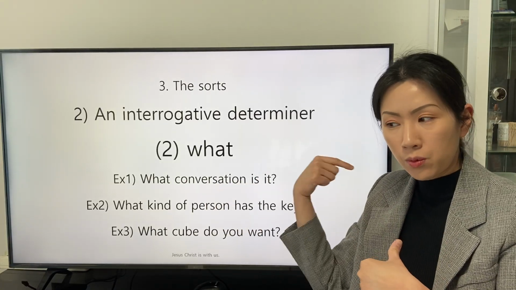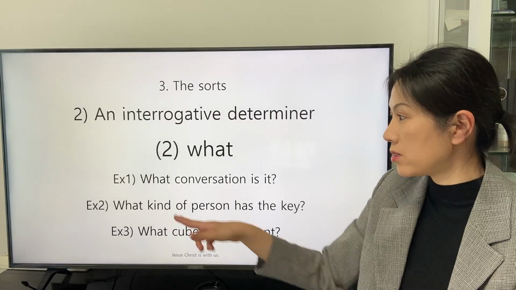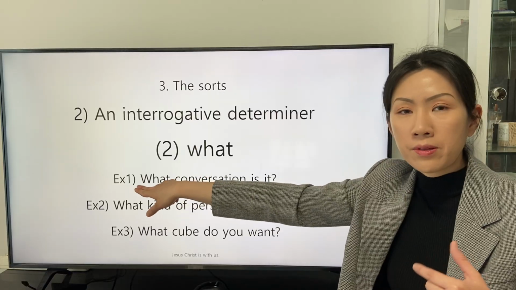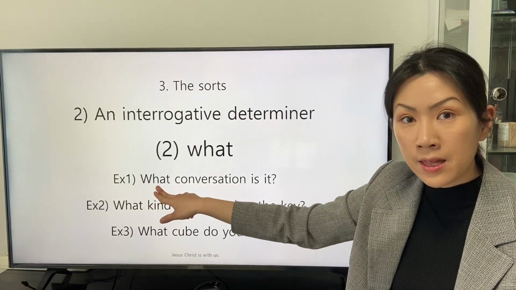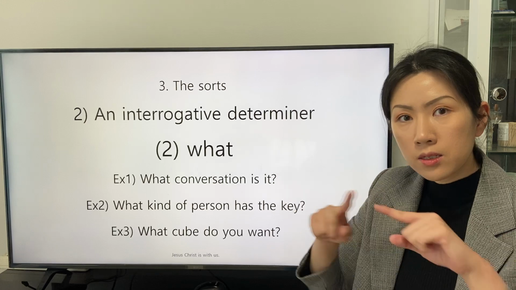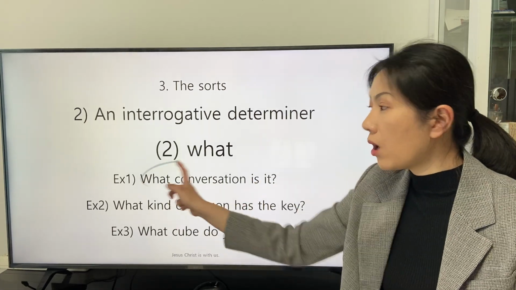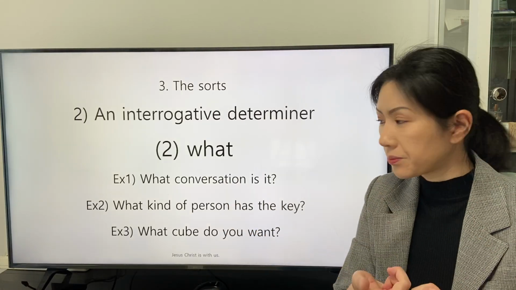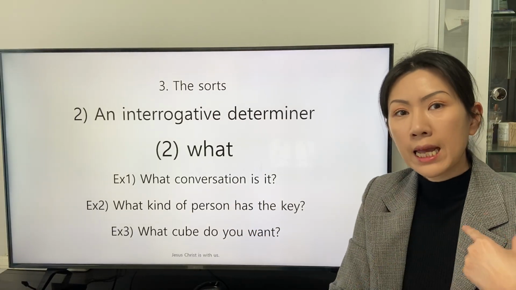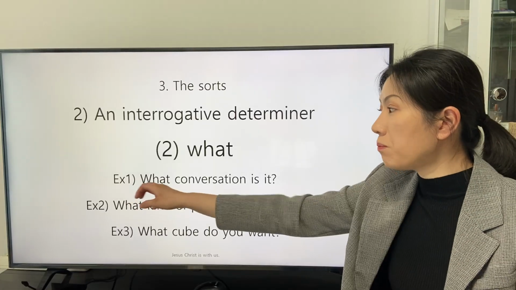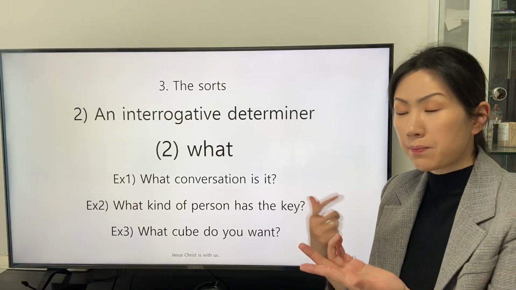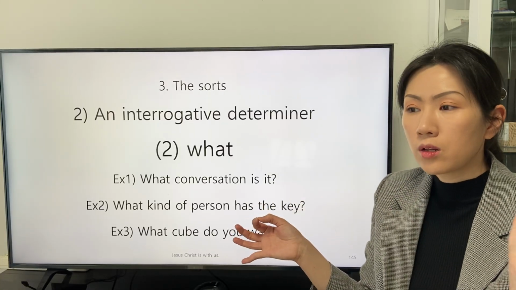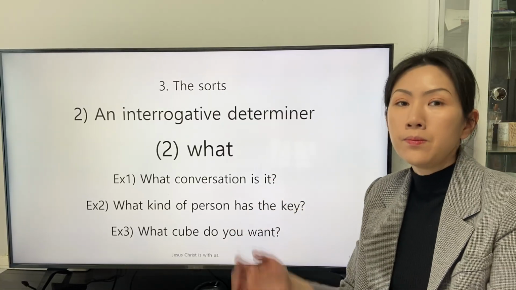So that's the reason why the speaker applies the interrogative determiner what, and the interrogative determiner what and the general noun conversation form a phrase. And this phrase has the role of the subjective complement to describe the subject it, in a way to define the subject it.